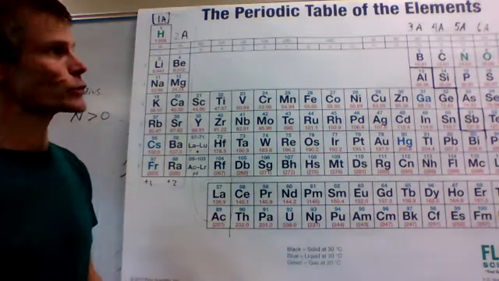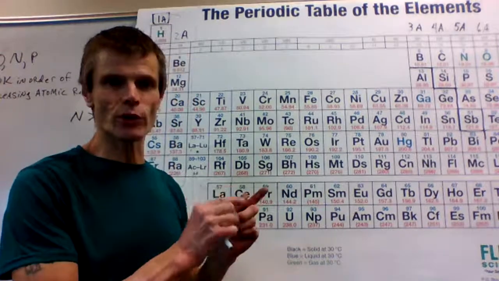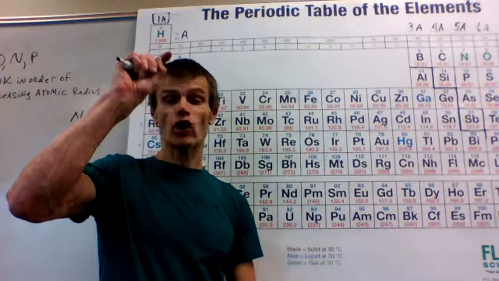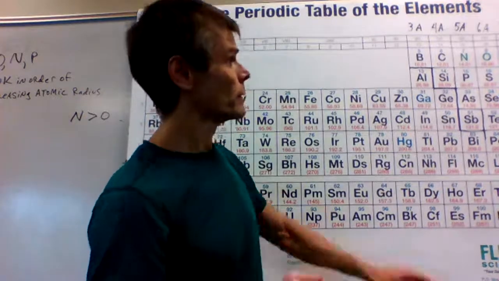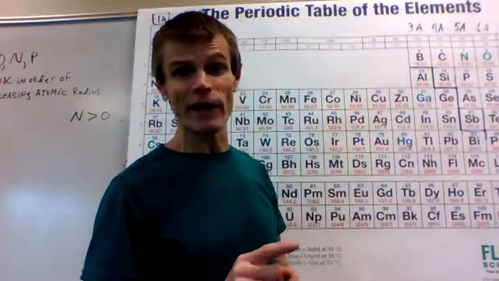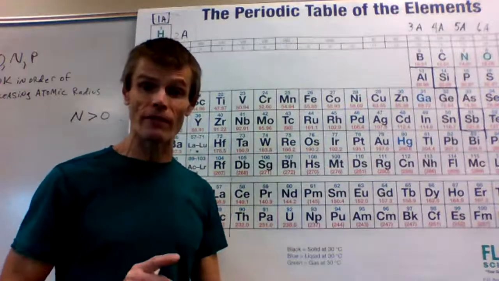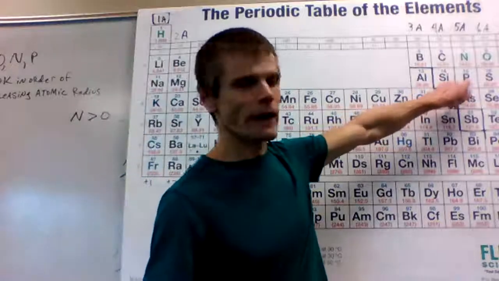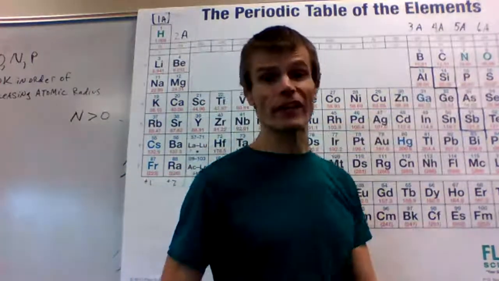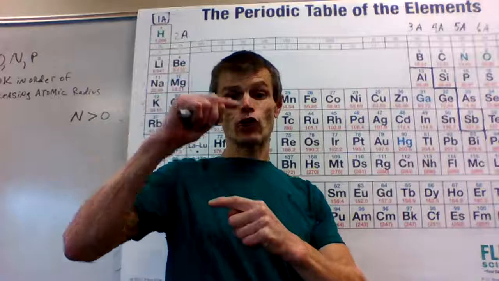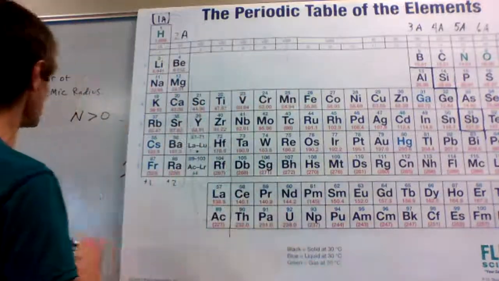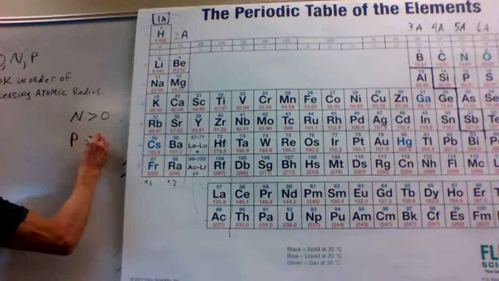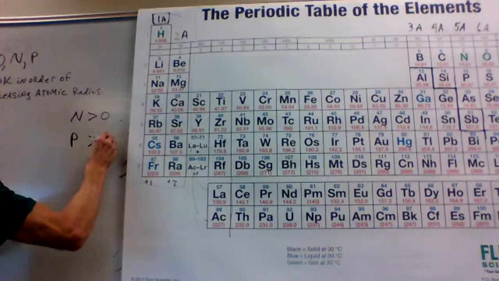Well, we have phosphorus. Let's think about nitrogen and phosphorus now. When we look at nitrogen and phosphorus, we should recognize they're both in the same group. And we're going to use our top to bottom rule. Phosphorus is below nitrogen, both of them in group 5A, so we're expecting phosphorus to have a larger radius than nitrogen using our top to bottom rule. So phosphorus is larger than nitrogen.